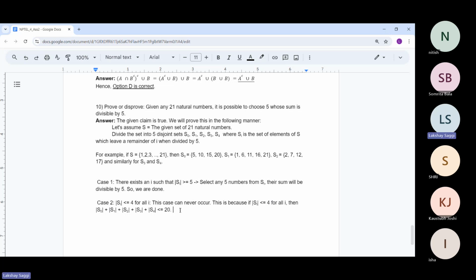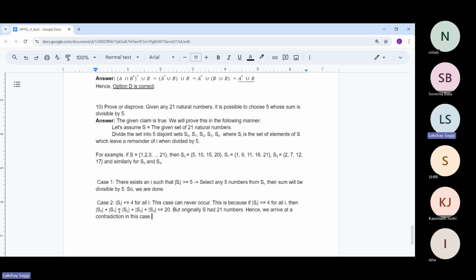But what we have is actually we originally have 21 numbers. So we had to distribute these 21 numbers. If we are distributing 21 numbers, how can the number of elements be just 20, right? But originally S had 21 numbers. Hence, we arrive at a contradiction in this case.